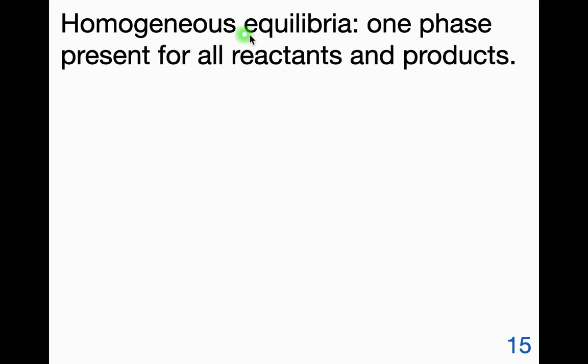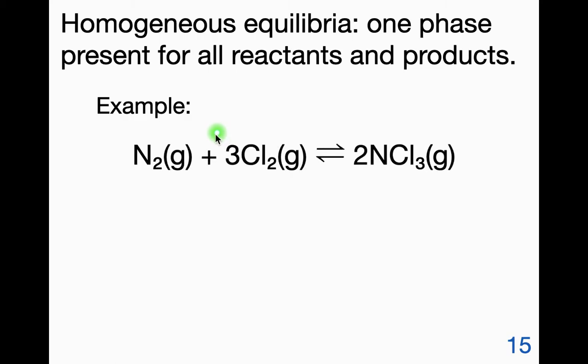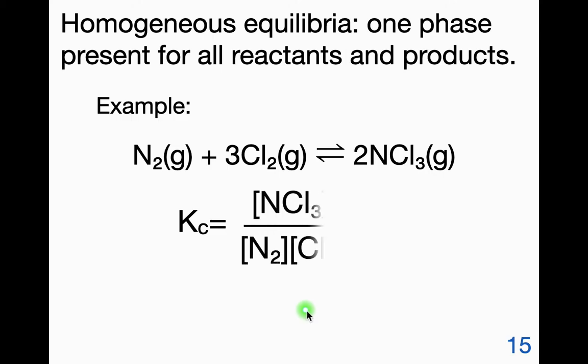Homogeneous equilibria. One phase is present for all reactants and products. Homogeneous means the same. So for example, in this reaction, nitrogen and chlorine to give us nitrogen trichloride, all of them are gases. And so when we write our equilibrium expression, we have our product, nitrogen trichloride, so that goes in the numerator, raised to the power of its coefficient.